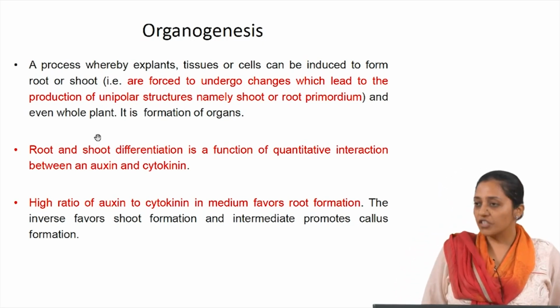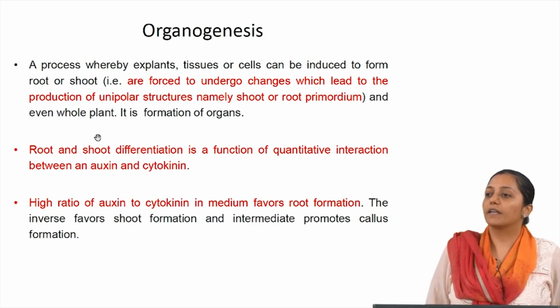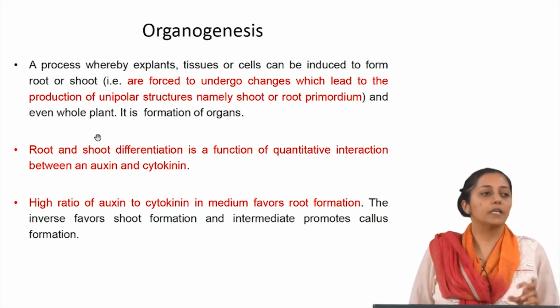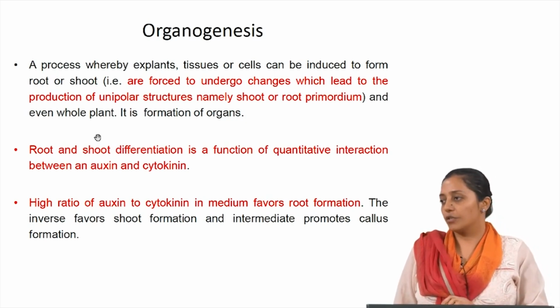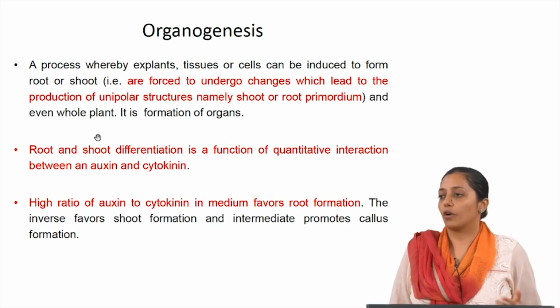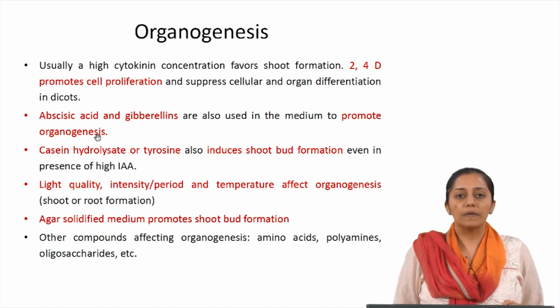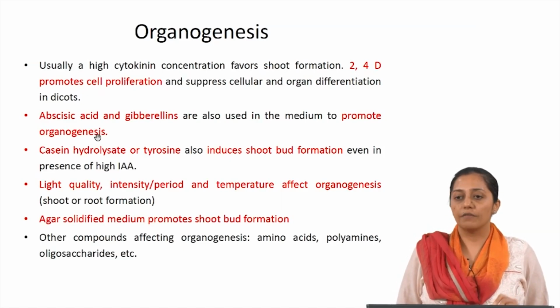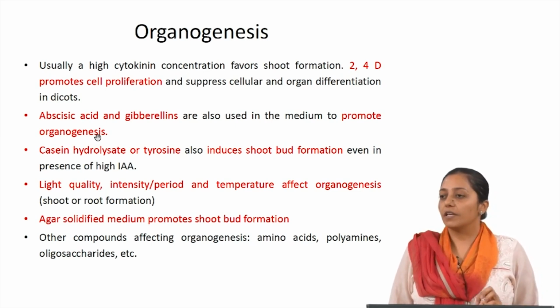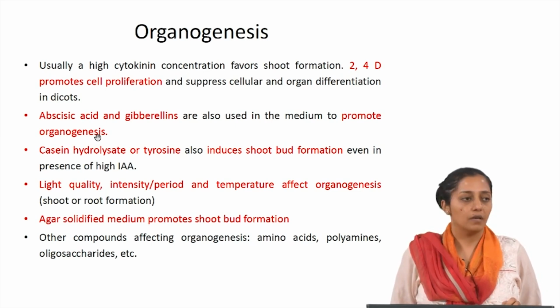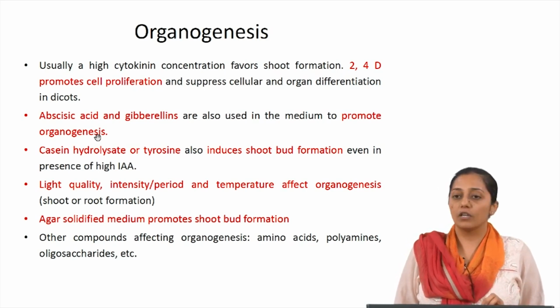Now, in general, what has been found is that a higher ratio of auxin to cytokinin would lead to production of root, and a lesser ratio will induce shoot formation. Usually high cytokinin concentration favors shoot formation, and 2,4-D is generally used for cell proliferation, but it suppresses cellular and organ differentiation.